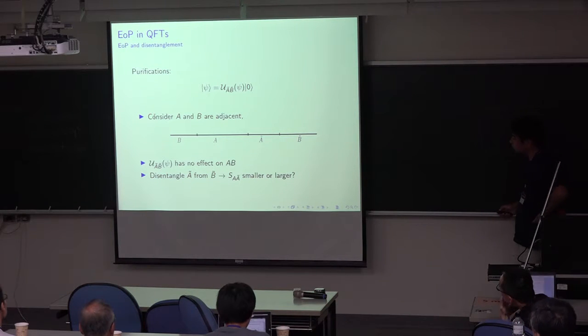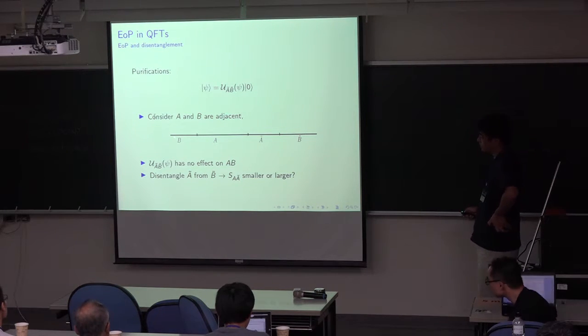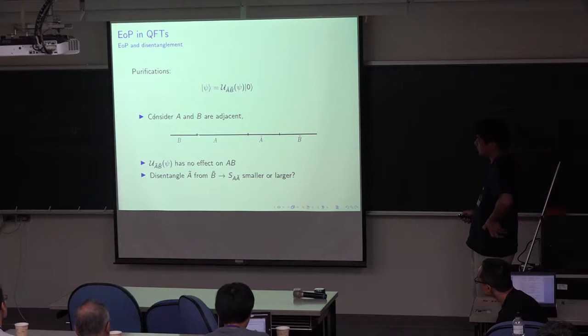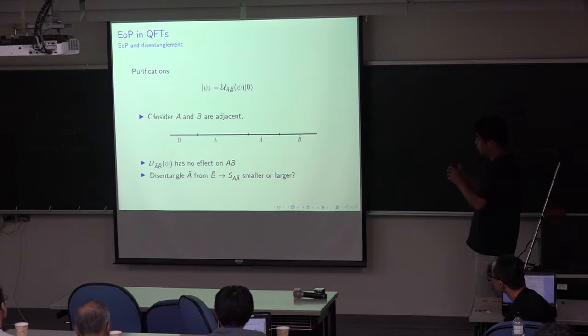Let's consider the system AB, and its interval in this case, AB and its adjunct. Here we choose B to be some point to minus infinity. It is also okay to choose some interval adjacent. We can use some conformal transformation to map that case to this case.